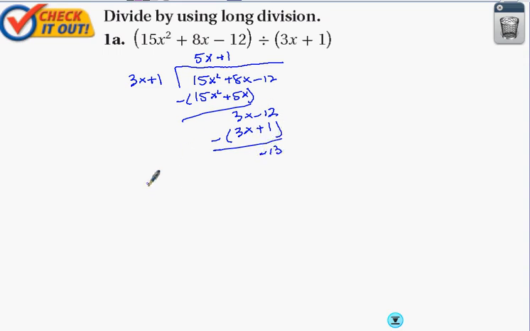So my quotient here will be 5x plus 1 minus, and now my remainder is negative 13. There's my negative 13 over 3x plus 1.